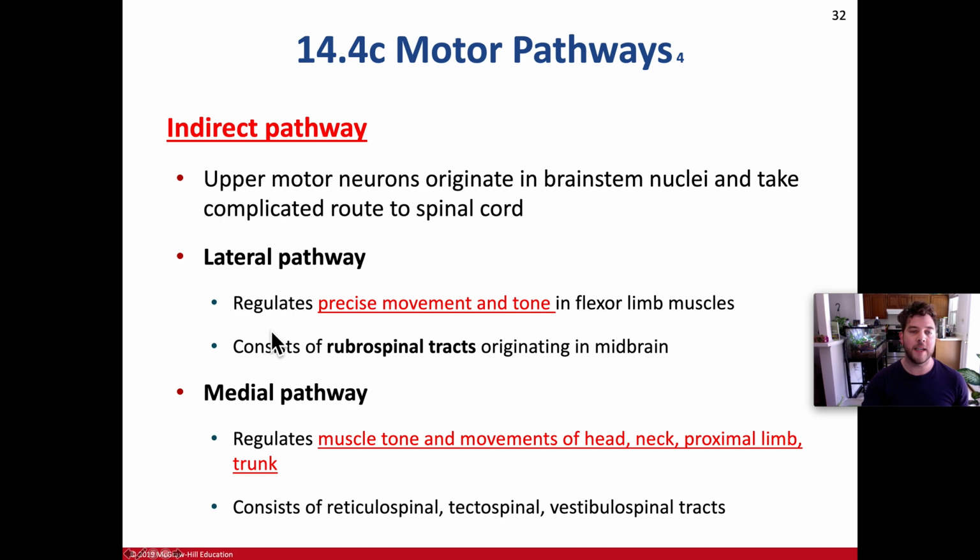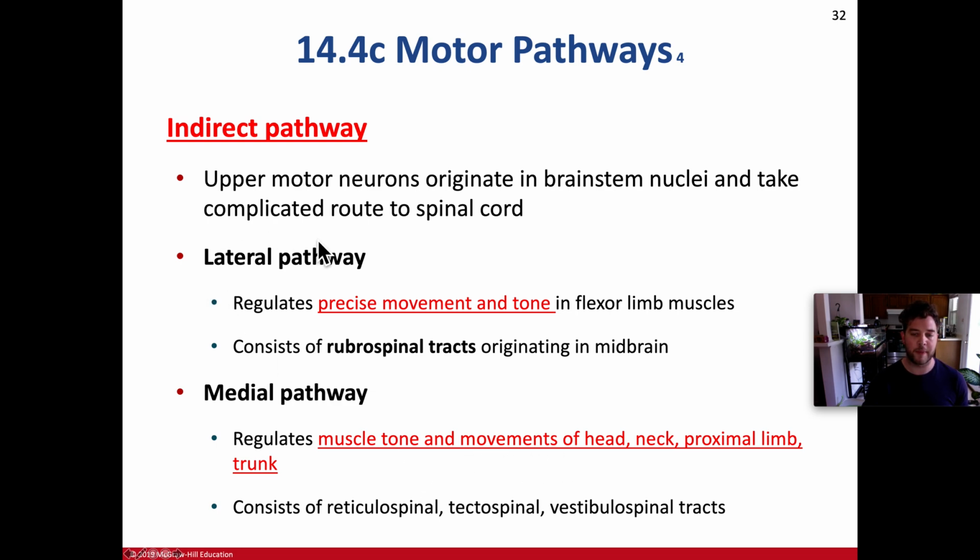The lateral pathway, the lateral indirect pathway, regulates precise movement and tone of flexor limb muscles. So the limb muscles, the appendicular muscles that do flexion, it regulates precise movement and tone of those. It has rubrospinal tracts. You don't have to remember that necessarily. The medial pathway regulates muscle tone and movements of the head, neck, proximal limb, and trunk.